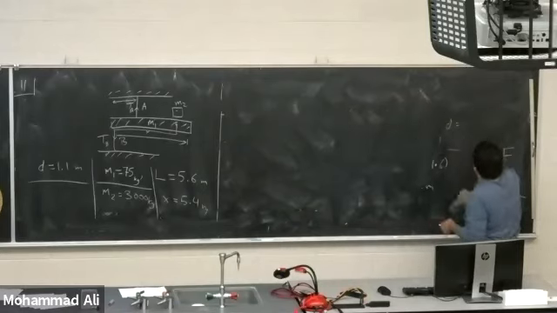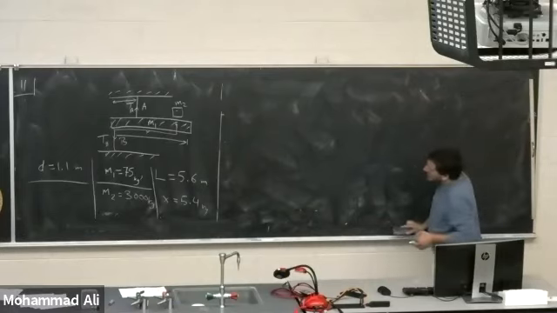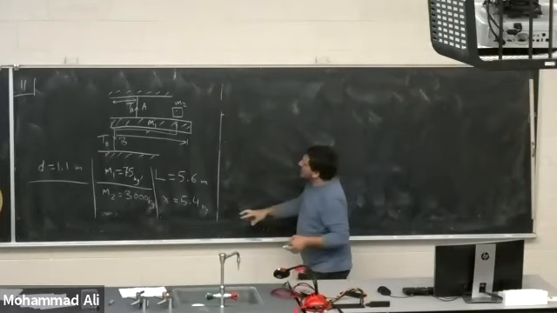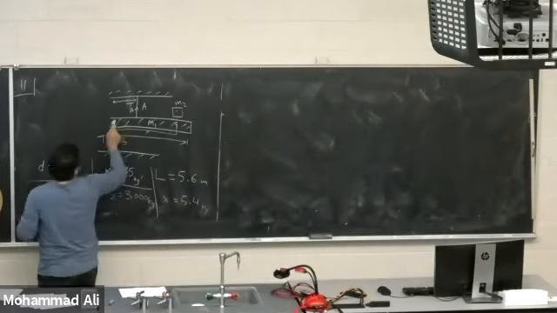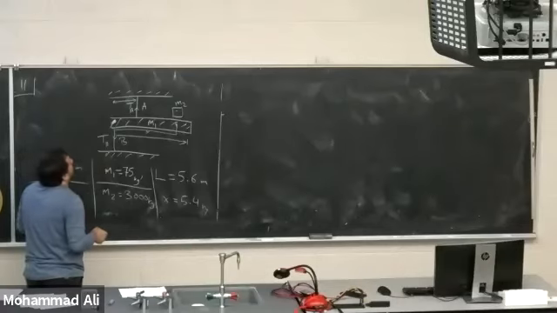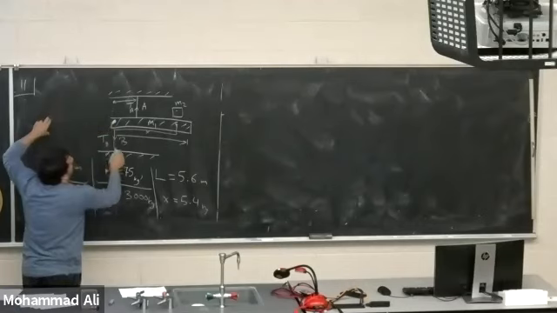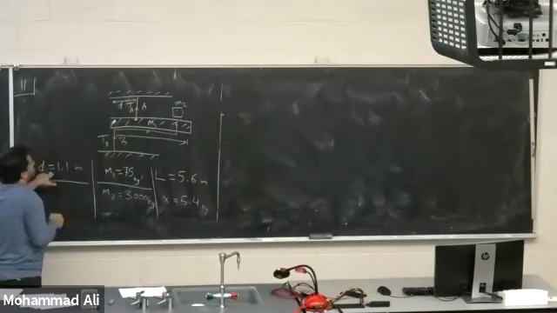We can put this mass at a distance 5.4 meters from the center, and there's another string at point A here, a distance D from that center, which is 1.1 meters.